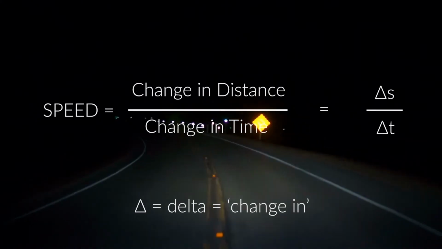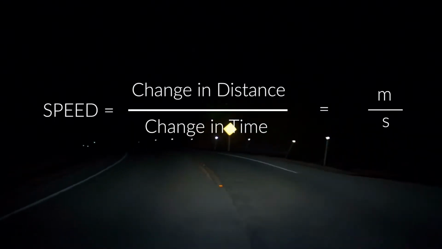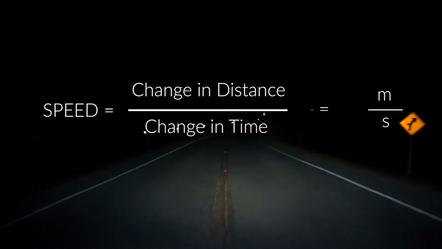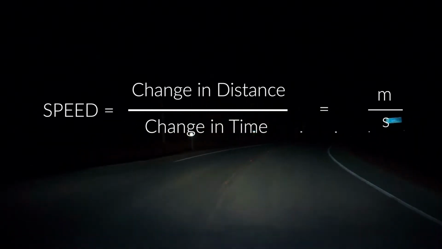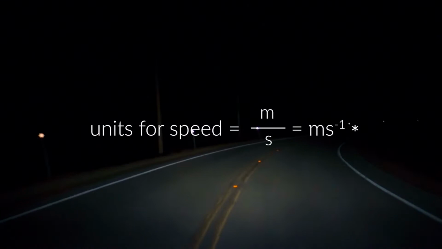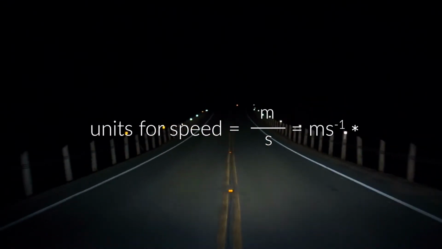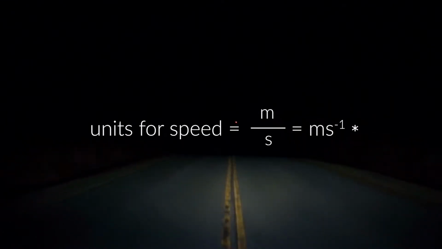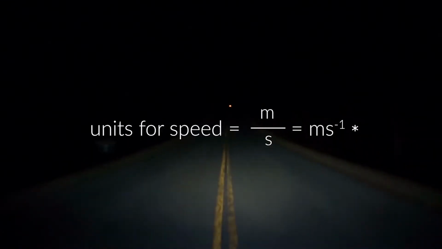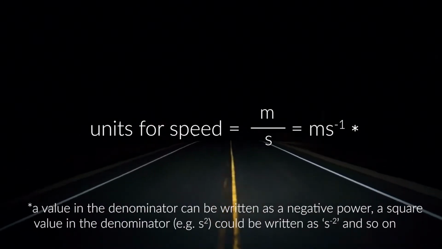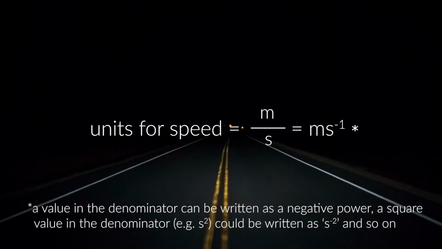Distance is measured in meters in base unit form, and this is divided by time. Time is measured in seconds, so I end up with meters per second, and these are the units for speed. So you can see that 2 base quantities and their units help me derive the unit for speed, which was meters per second. And this gives us an indication of how fast an object is moving.